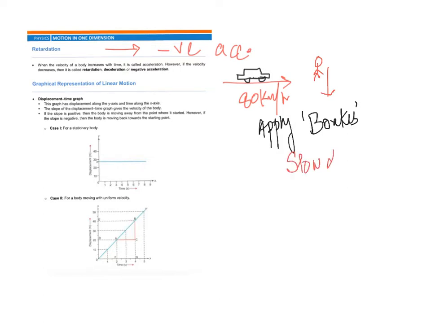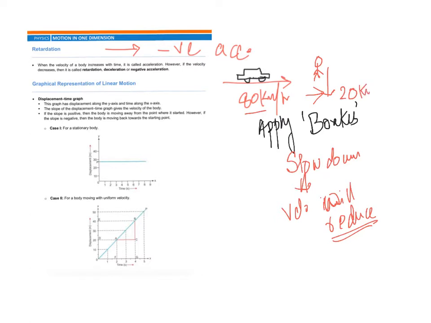Slow down means my velocity will reduce. When my velocity is reducing, initially my velocity was 80 kilometers per hour, then suddenly it becomes 20 kilometers per hour, because by the time I reach that place, the person will have traveled. So acceleration is nothing but final velocity, which is 20, minus 80, over whatever time, maybe I did it in 10 seconds.